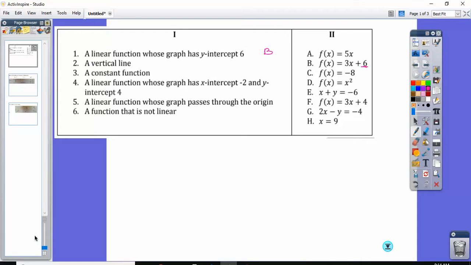Number two, a vertical line. What does the equation of a vertical line look like? X equals a number. There's no y in that equation at all. So x equals something, that would be h. A constant function. What does it mean to be a constant function?